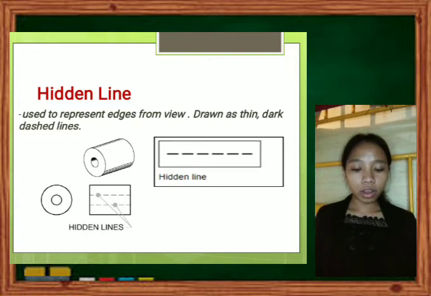It is not the same as the visible or object line because the hidden line is drawn thin and the visible line is drawn thick. The purpose of the hidden line is to represent edges hidden from view, to make a drawing easier to understand.